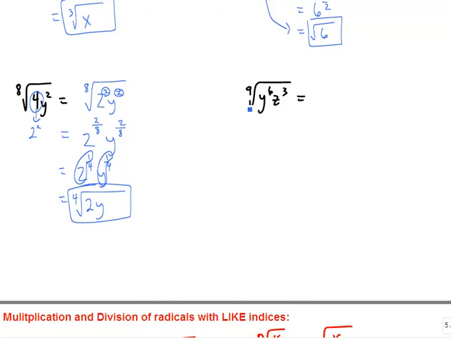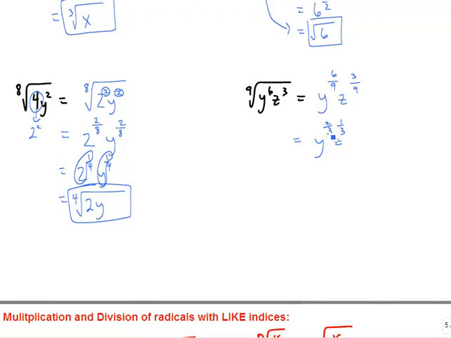Okay? On the next example, right away, we can rewrite these as fractional powers because we have powers on the inside and our index on the outside. So this y becomes power of 6 on top, 9 on bottom, and the z has a fractional power with a 3 on top and the 9 on the bottom. Both of these two fractions can be reduced. So 6/9 reduces to 2/3. 3/9 reduces to 1/3.